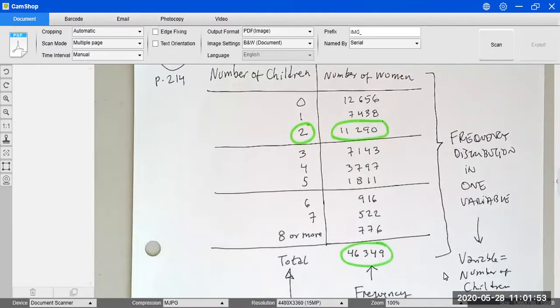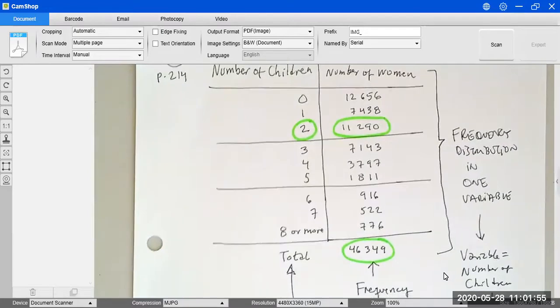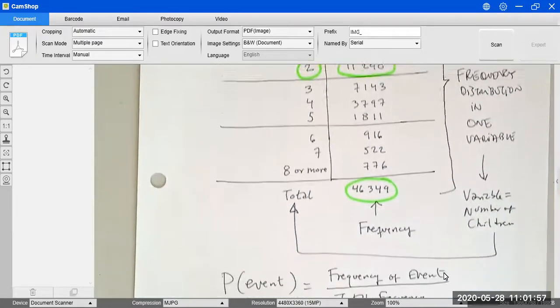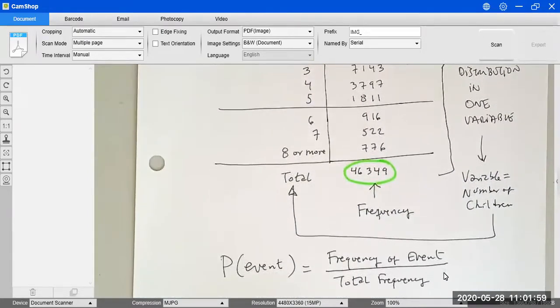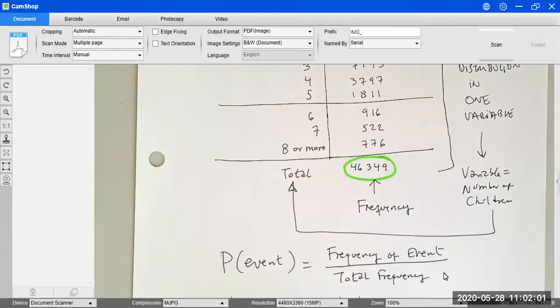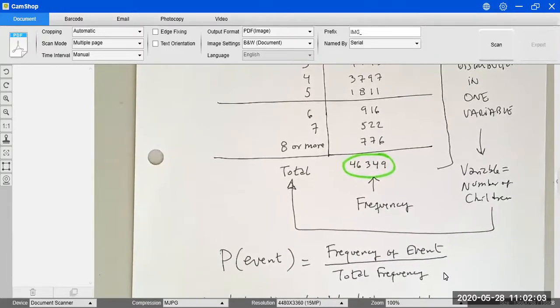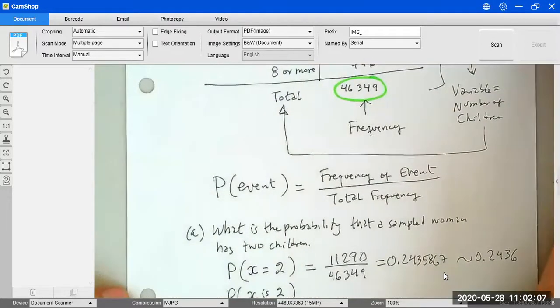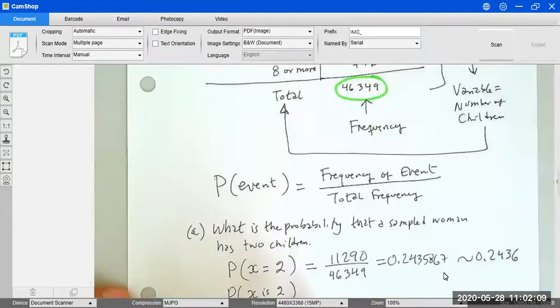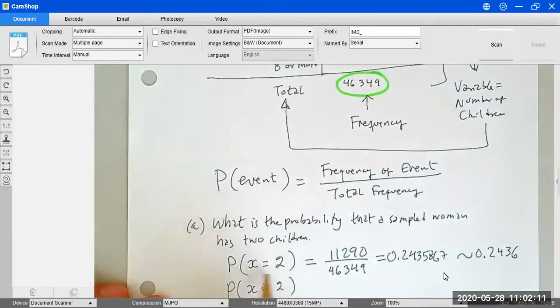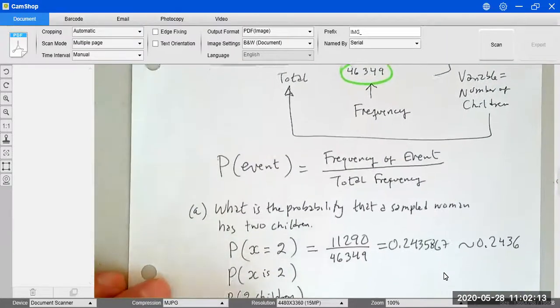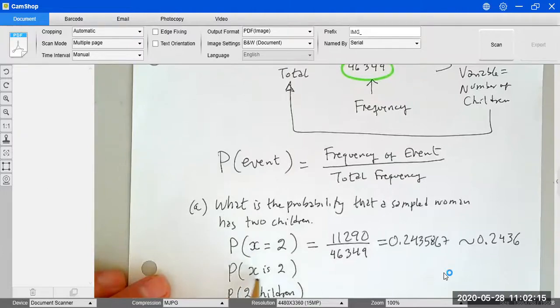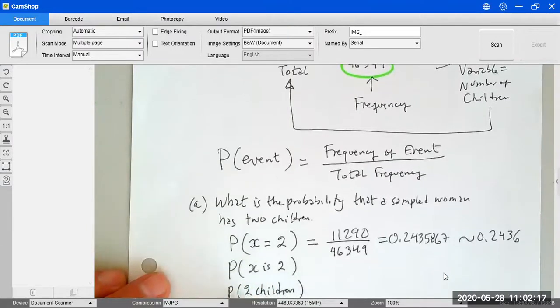As I mentioned before, if you want to know the probability of any event, we use this formula: the frequency of the event divided by the total frequency. For the first question, what is the probability that a sample woman has two children? It's the probability of x equals 2, or you can write P of x is 2, or P of 2 children, or directly just P of 2.